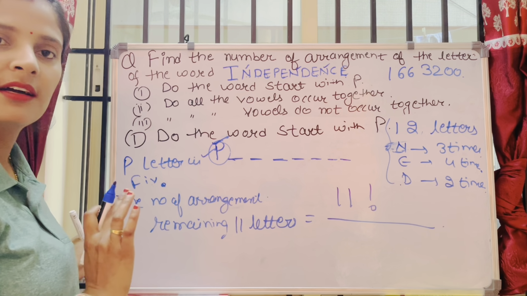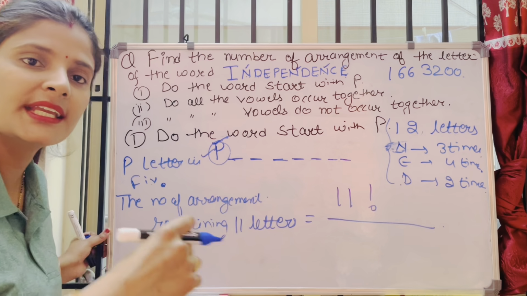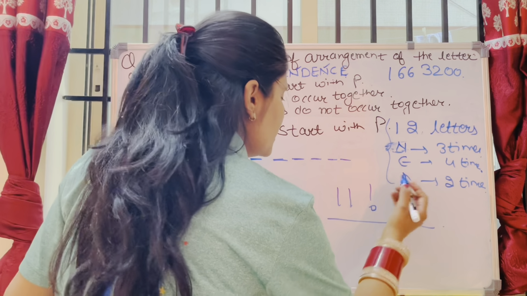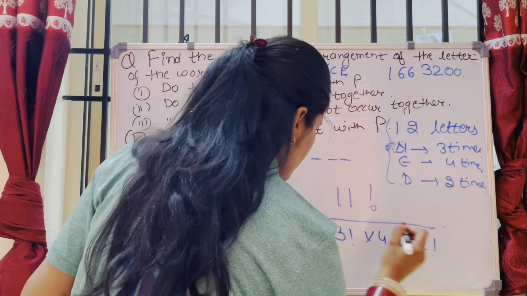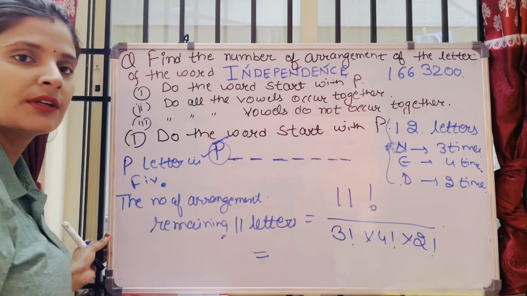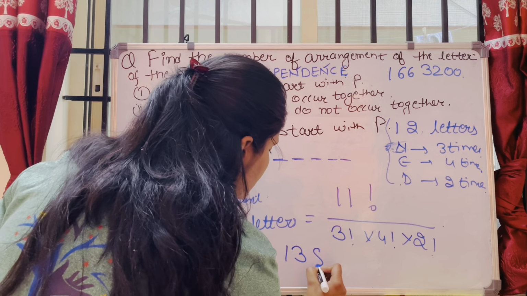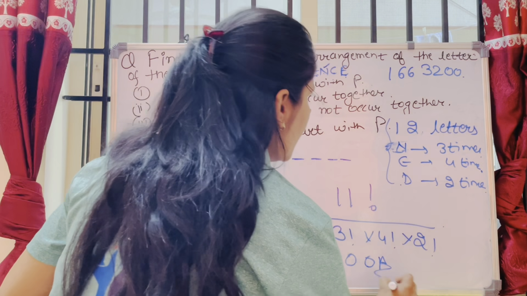So we will arrange the remaining 11 letters. So 11 factorial upon 3 factorial into 4 factorial into 2 factorial. I think you can easily calculate this. The answer will be equal to, right? This is the answer.